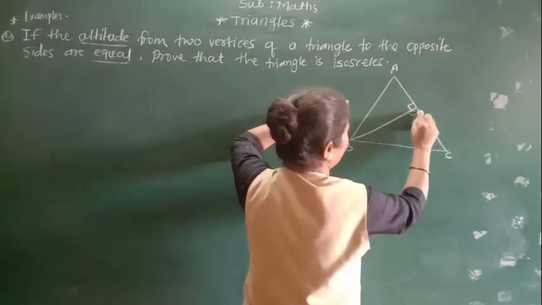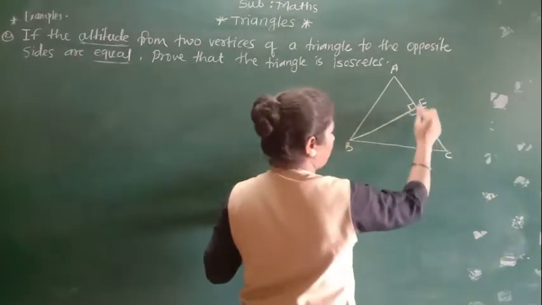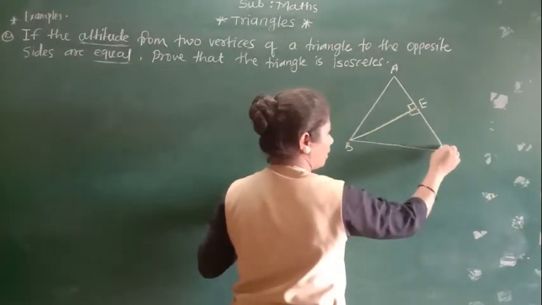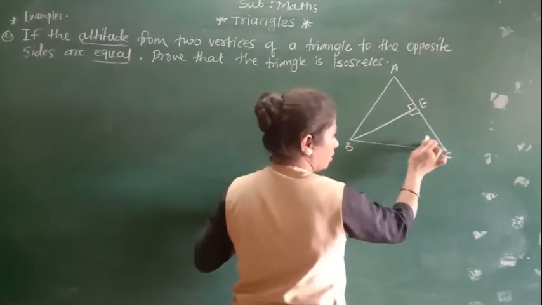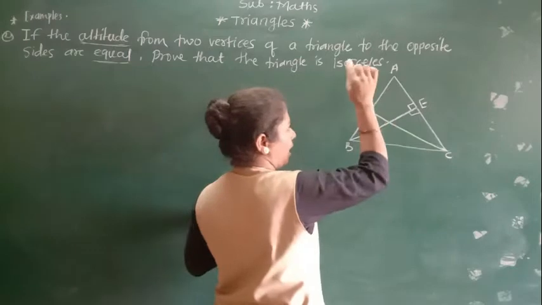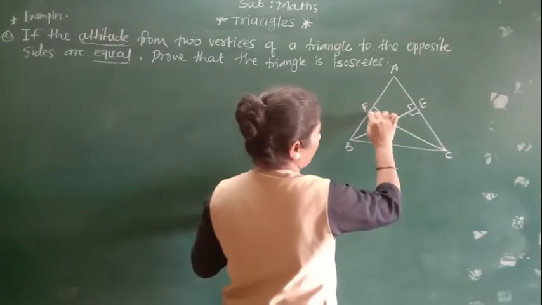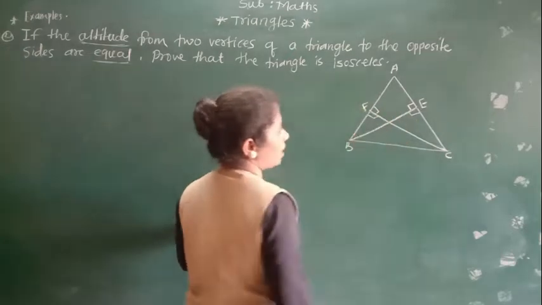Altitude means a 90 degree angle. And another altitude is CF, and it is already given that these two altitudes are equal.